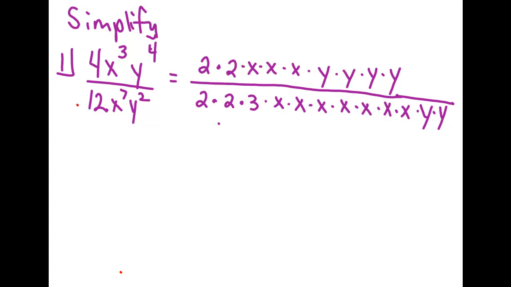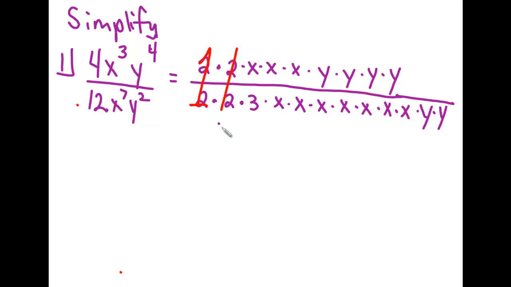Now remember, we can cancel fractions. If we have a number on the top that's the same as the number on the bottom, we can cancel that fraction out or divide it out, because when we have a number on top and a number on bottom, it's the same thing as saying 1. 2 divided by 2 is 1.